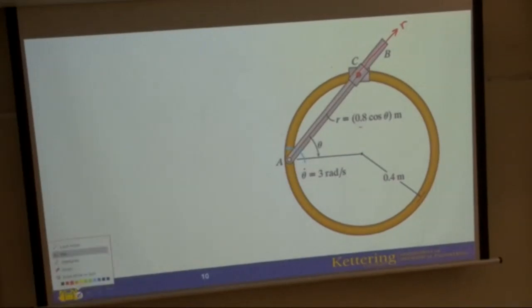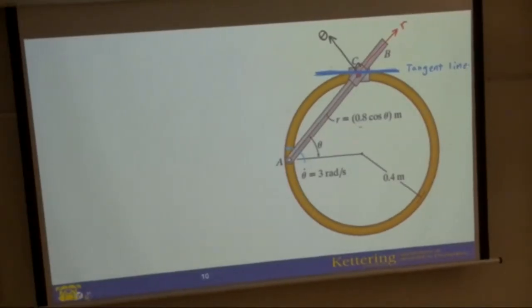Also, the theta axis will be perpendicular to R. This is the direction of theta. Next, I want to draw the tangent line. Here, it's a tangent line.